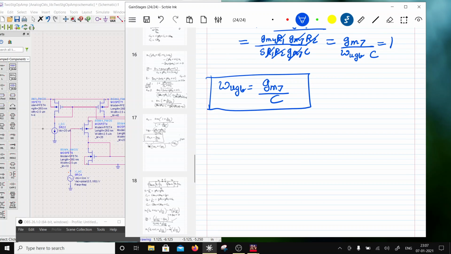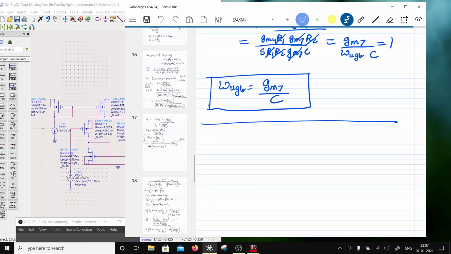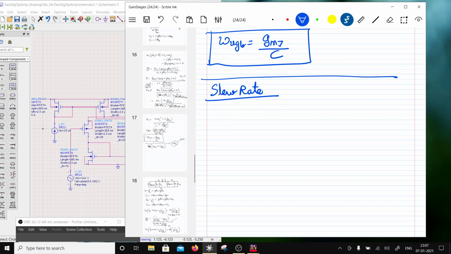Okay, so the next thing which I need to look at is the slew rate. The slew rate of an op-amp is going to be dVo divided by dt. So slew rate positive: when the output node is pulled up, how is the output node pulled up?